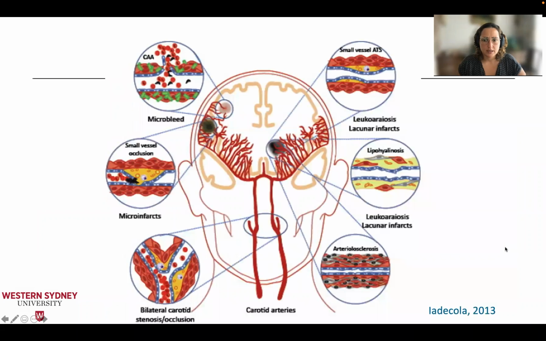Next are some little diagrams to see how the supply of blood to the brain can get disrupted. Here we've got microbleeds, where there's a breakage in the veins or the arteries and the blood gets released, which causes bleeding in the brain.